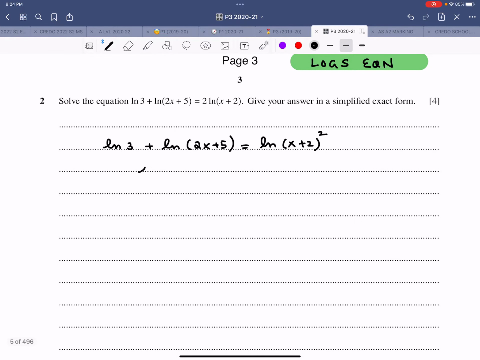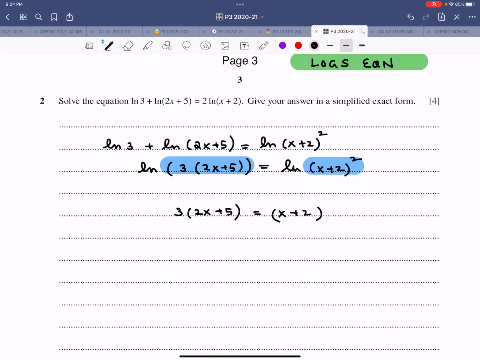The second rule: ln 3 multiplied with (2x + 5) equals ln of (x + 2) whole square. Now since there are two terms related with ln, one on the left, one on the right, therefore 3 times (2x + 5) equals (x + 2) whole square.